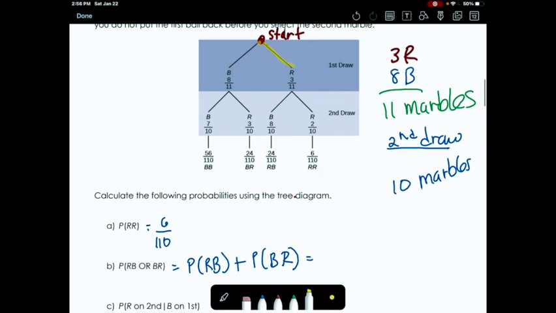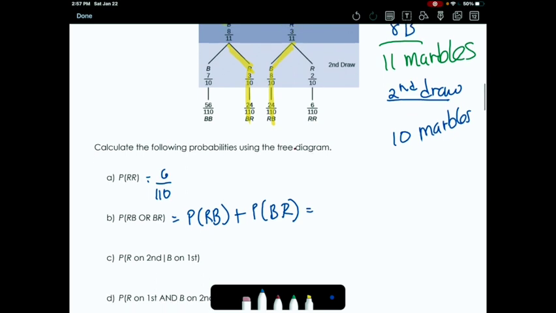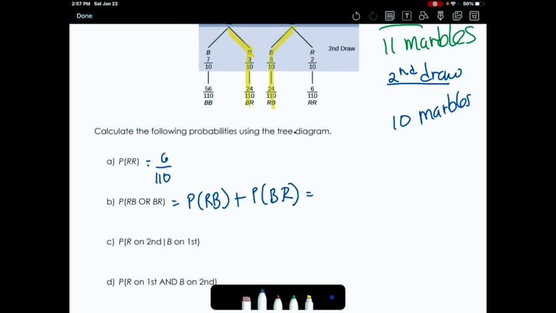You either pick, I'll show you here, let me erase. You pick a red the first time and then a blue the second time. That's this branch. And then if you look at the other probability, you pick a blue the first time and then a red the second time. That's this branch. So there's no overlap. They're in different branches. So we don't have to worry about subtracting that off.